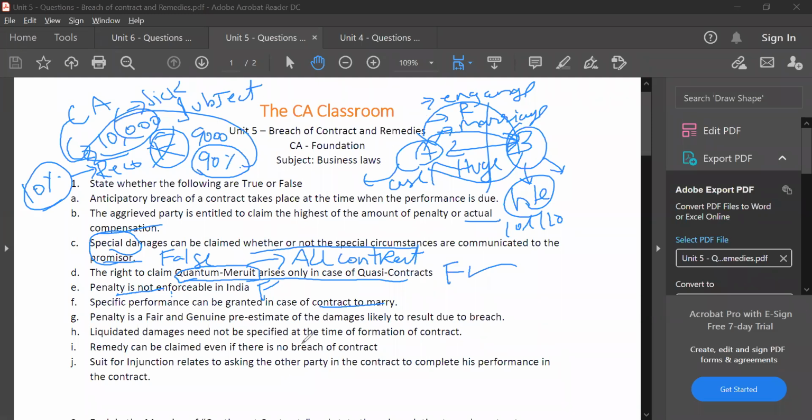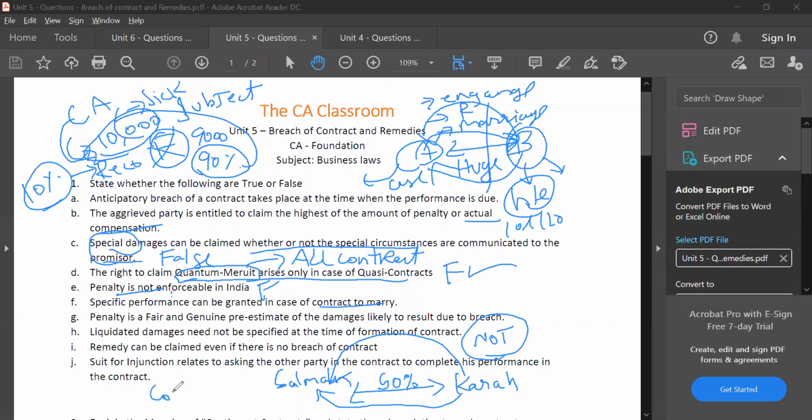I'll give you one more example. Second example, let's say Salman Khan and Karan Johar entered into an agreement to direct a movie. Now, after 50% got completed, and after Karan Johar paid the entire money to Salman Khan, he is now saying he will not act in the movie for various reasons. Now, Karan Johar is filing a case against Salman Khan saying you have to act in the movie.